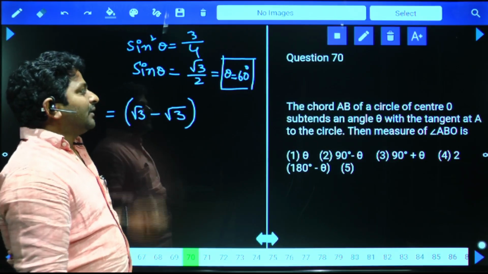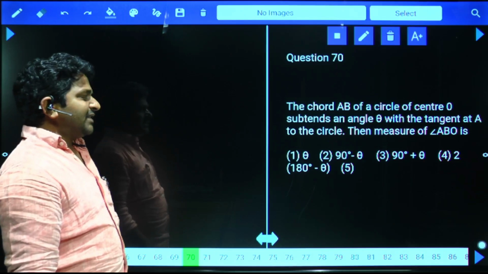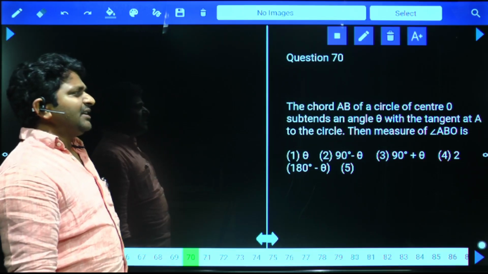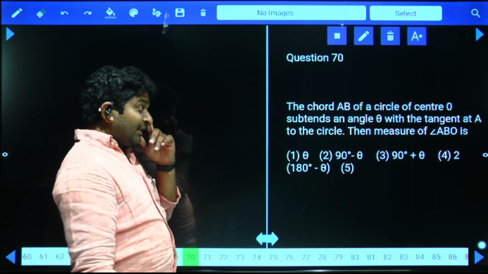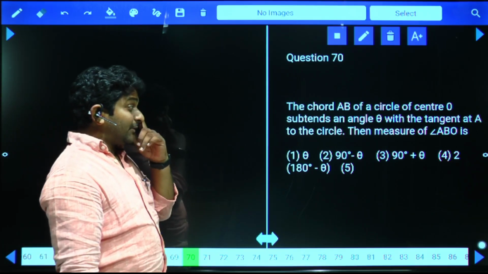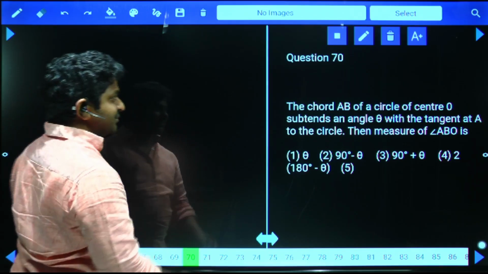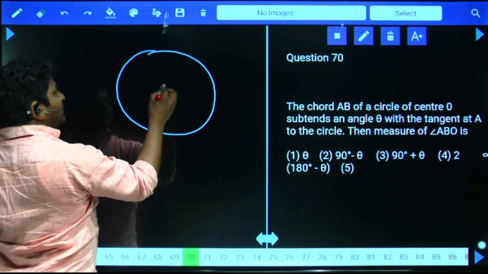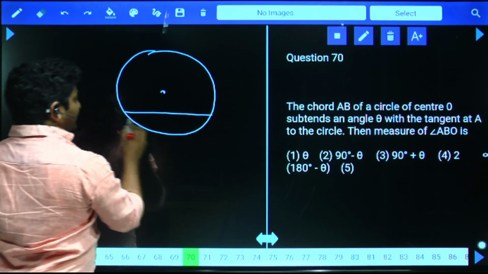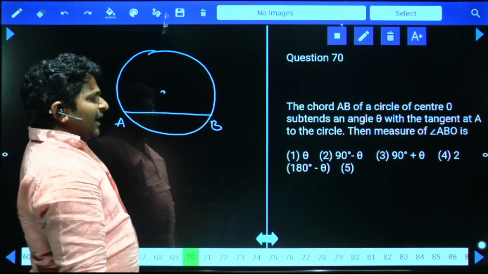Next. The chord AB of a circle of center O subtends an angle theta with the tangent at A to the circle. Then the measure of angle ABO is equal to what? Okay, we have a circle with center O. We have a chord, that is chord AB.